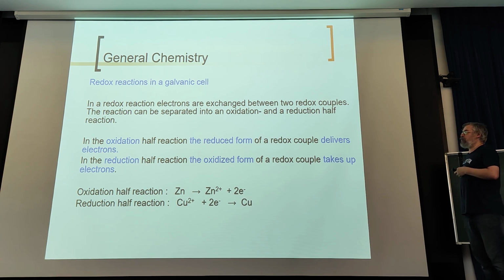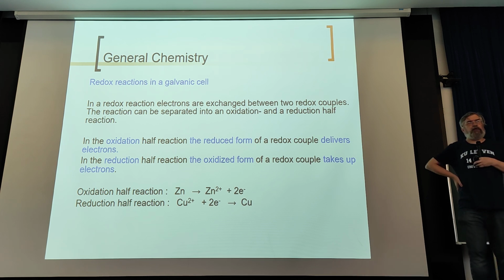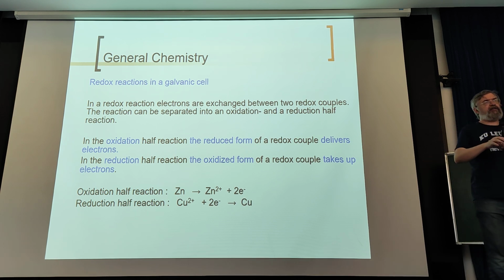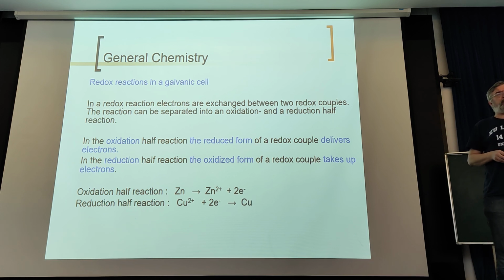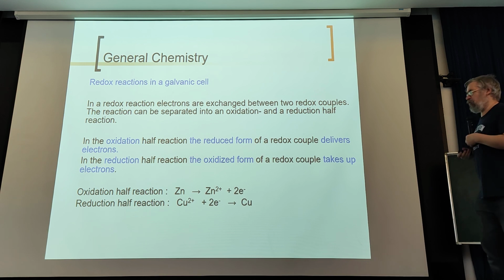We have an oxidation half reaction and we have a reduction half reaction. And in these we actually separate the two species from each other in their different oxidation states. And so we convert one oxidation state of a species to another oxidation state.